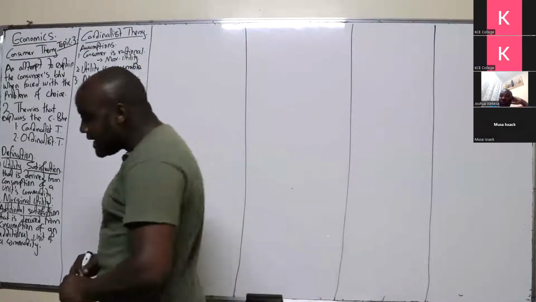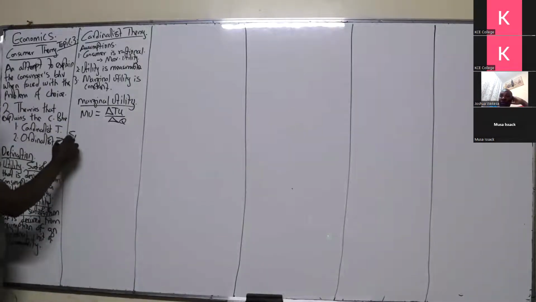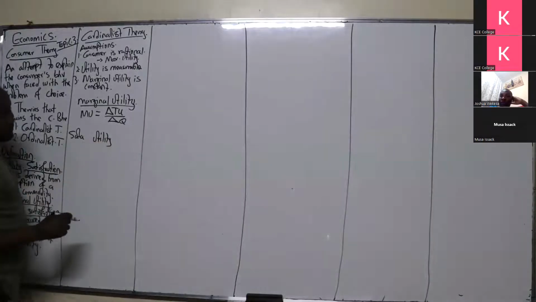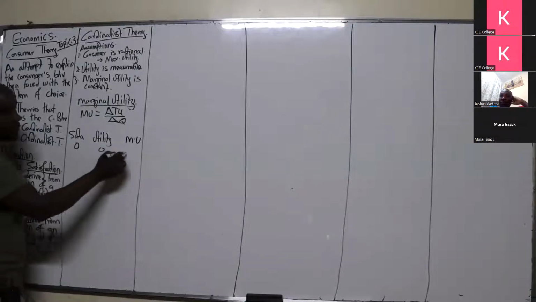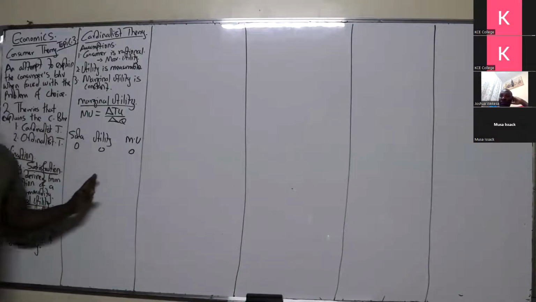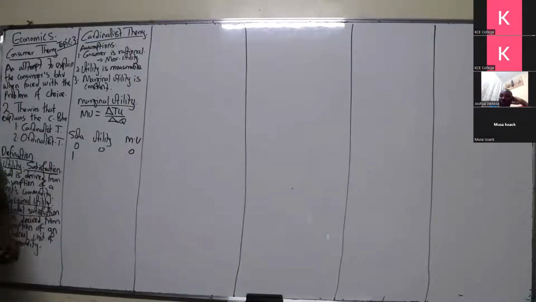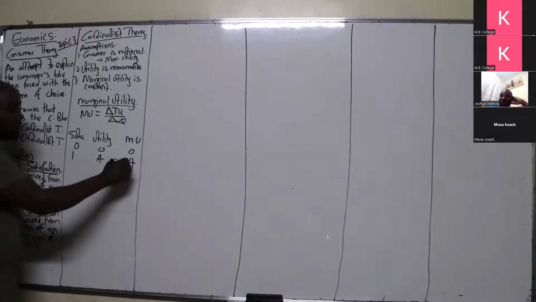So in a scenario where we can pick something like a soda, and measure its utility with respect to the marginal utility: if you consume 0, the utility will be 0, and the marginal utility shall be 0. If you consume 1, the utility will be 4, and the marginal utility 4.